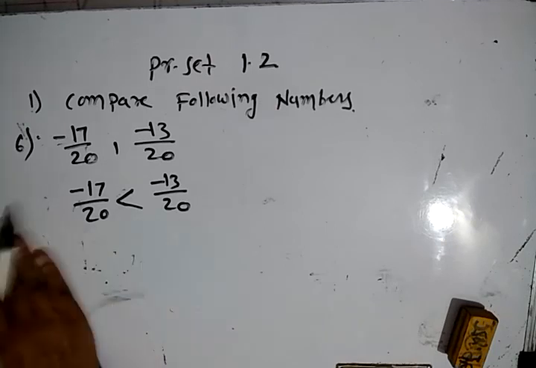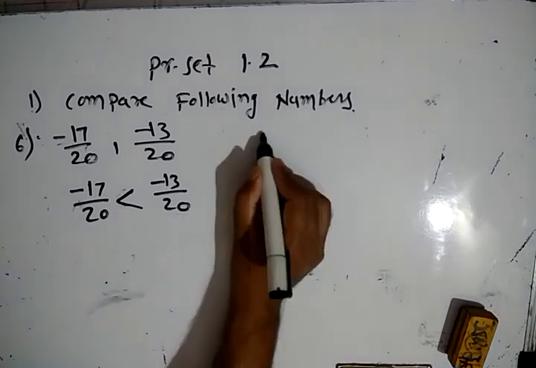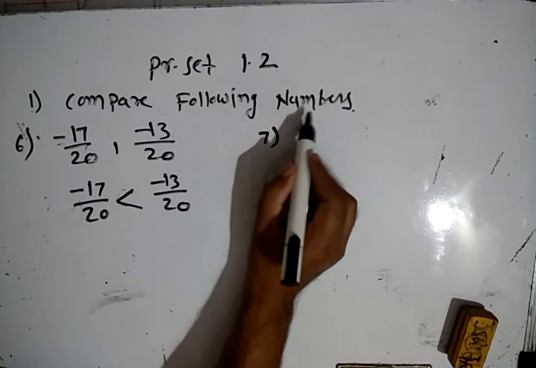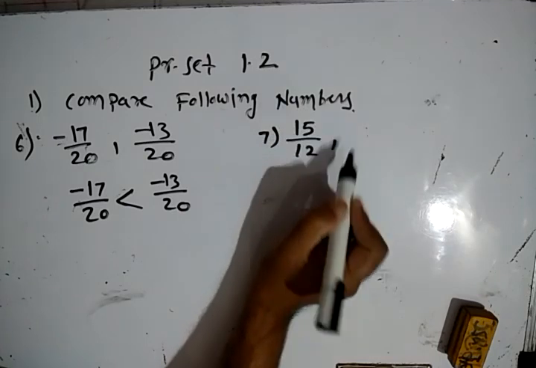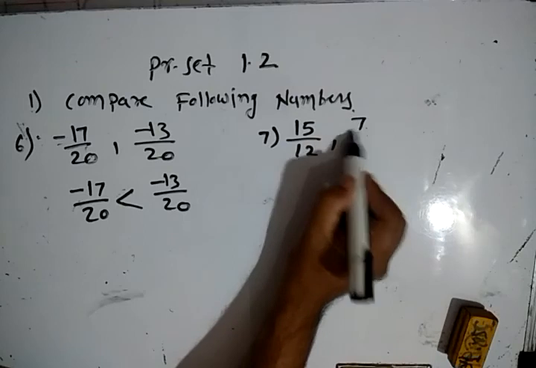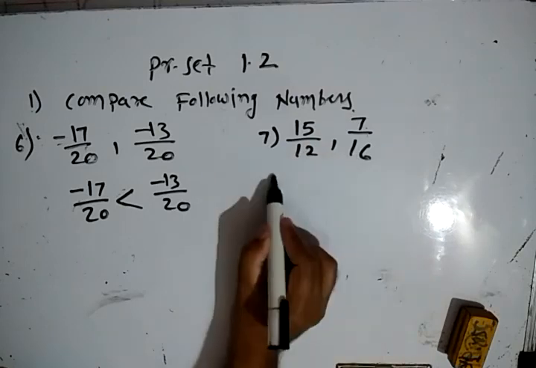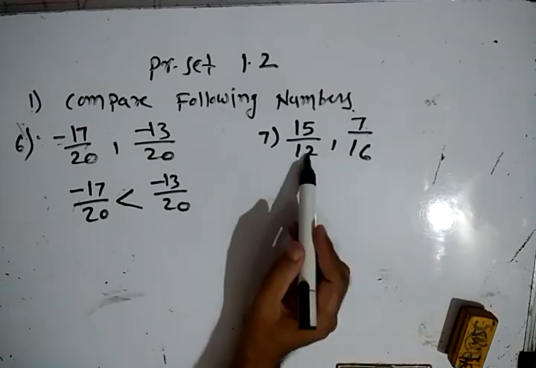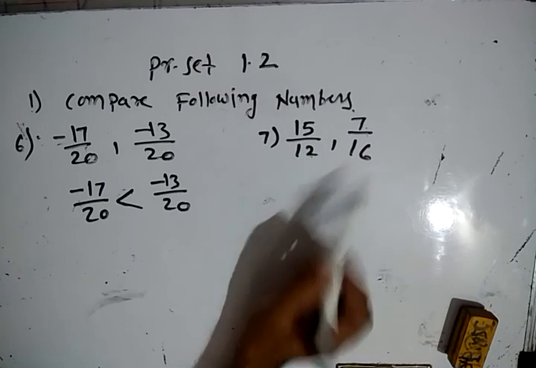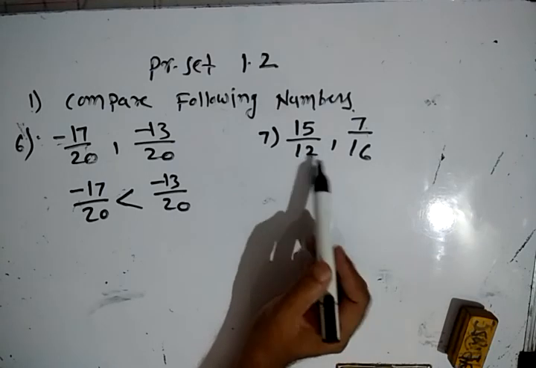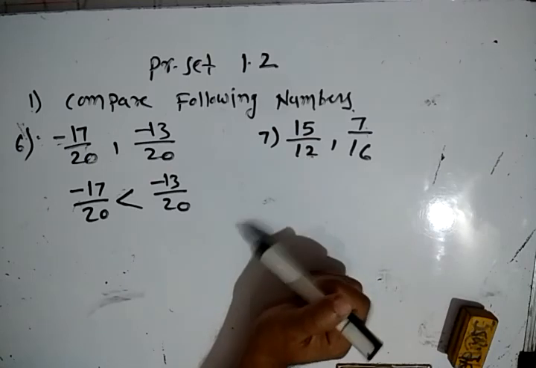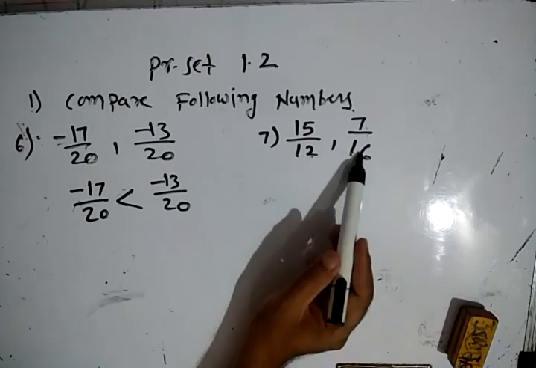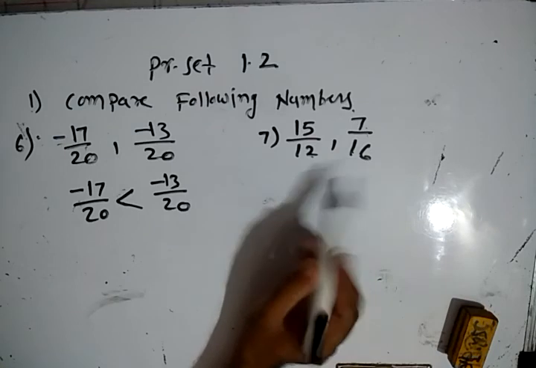Therefore, we write this example, 7th problem, 15 upon 12 and 7 upon 16. To make the denominator same, we can write 12 4s are 48 and 16 3s are 48.